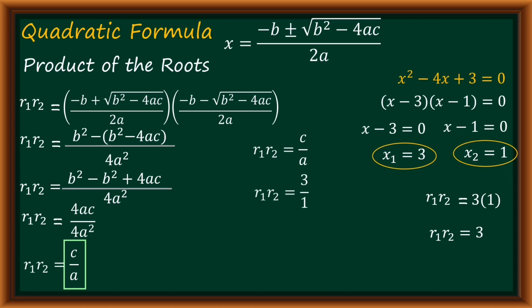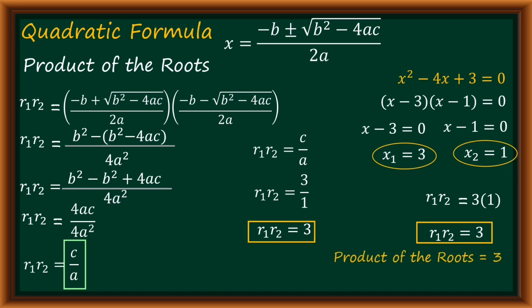So we have r sub 1 times r sub 2 is equal to 3 over 1, and that is also equal to 3. Notice that we have the same value of the product of the roots, and that is 3, but using different method. But the answers are just the same, and then the product of the roots is equal to 3.